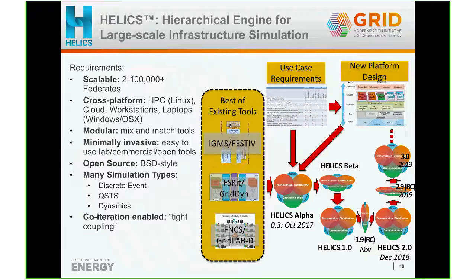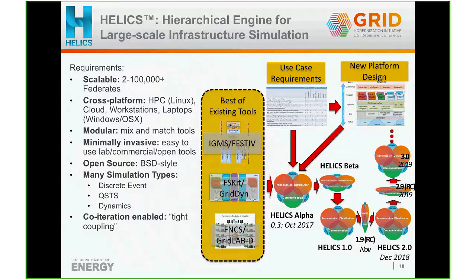So at the end of the day, the summary slide: we were able to use the use cases to inform the platform design as well as our experience, which then led to this now growing series of Helix releases, including where we're at now with the beta and the very soon upcoming 1.0 release, and then looking ahead to some of the future pieces. The high-level summary requirements were all driven by these use cases to start with.